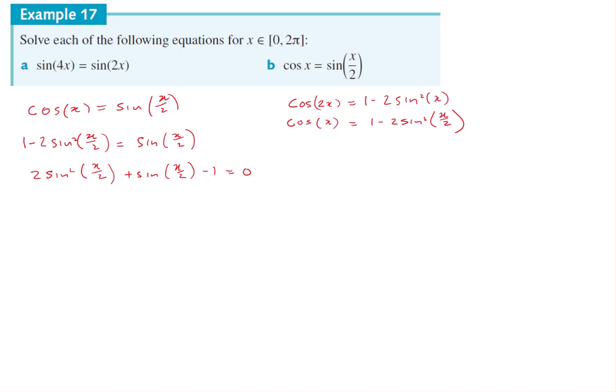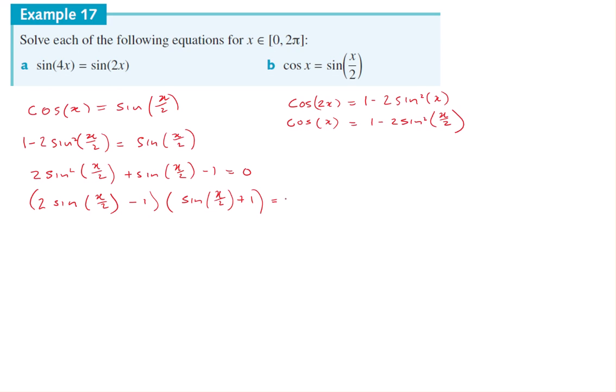Now that's a quadratic, so we can factorise that into 2 sine x on 2 minus 1, and the other one will be sine x on 2 plus 1. It's either going to be plus 1 or minus 1, so it's a positive in the middle. When you multiply the 1 by the 2 sine x on 2, that's going to give you the positive answer.